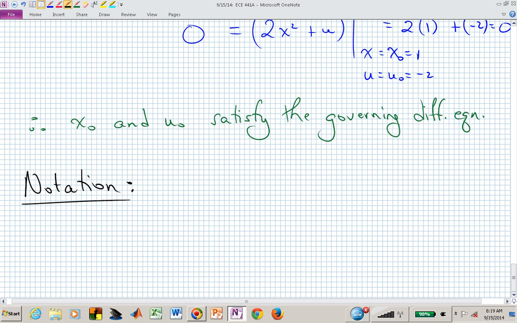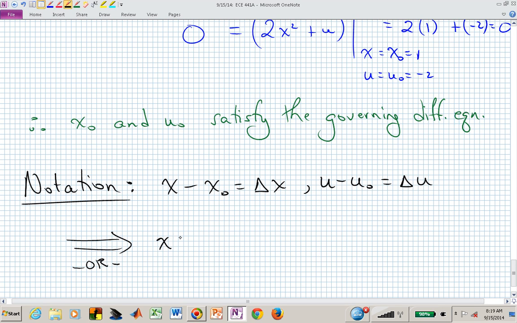Let me just introduce what I'm going to possibly be using. X minus x naught, I may just call that delta x. And u minus u naught, I might just define that to be delta u. Or, if I solve for x, x is now x naught plus delta x, and u is u naught plus delta u.